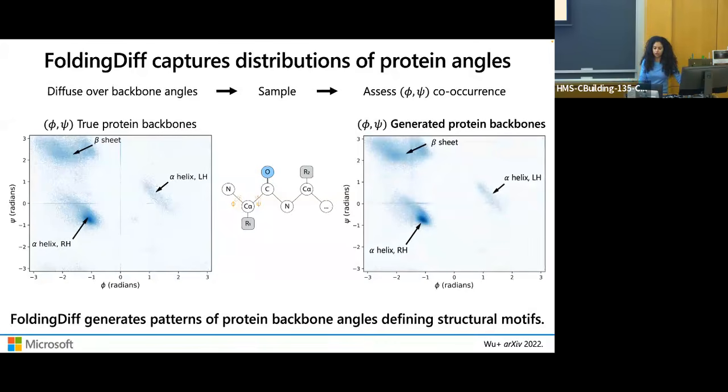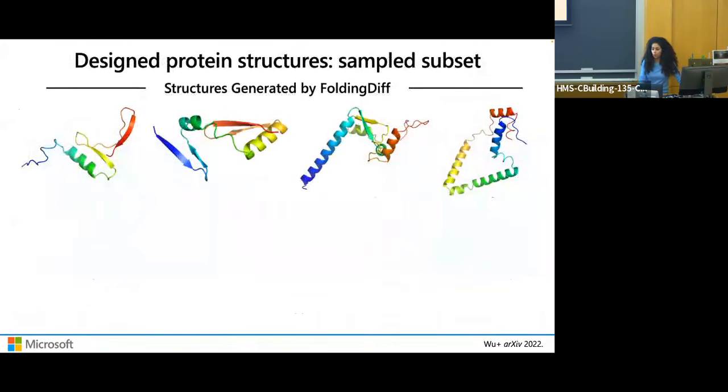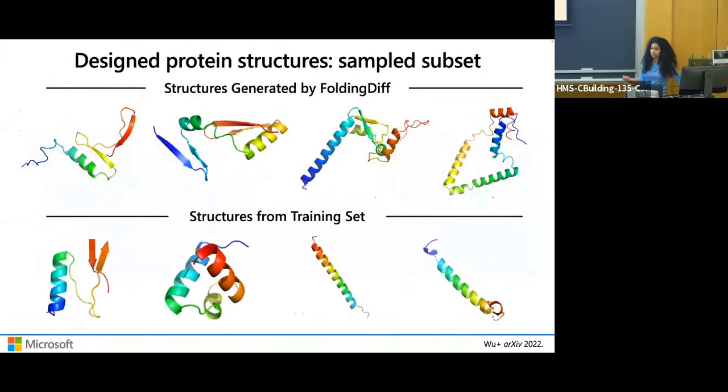We can also look at the structures overall qualitatively. This is just a sample of a few picked examples of generations from folding diff compared to the most structurally similar structures from the natural set. Qualitatively, we're seeing that we are getting distinct structures, but similar patterns and motifs being exhibited.